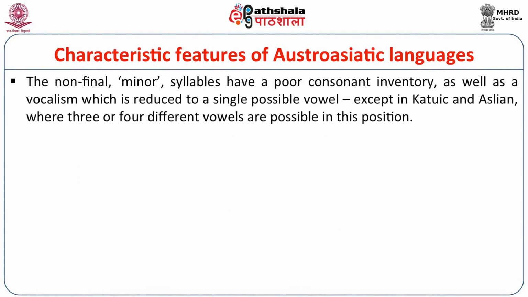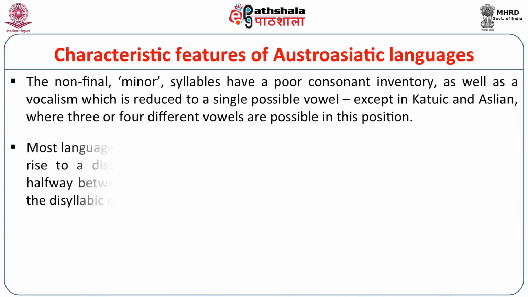The non-final minor syllables have a poor consonant inventory as well as a vocalism which is reduced to a single possible vowel, except in Katuic and Aslian, where 3 or 4 different vowels are possible in this position.